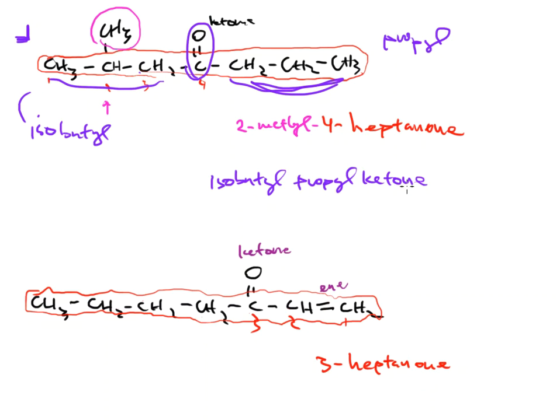What I have is an "-ene" ending that I need to convey to you in the name, and that "-ene" is actually going to happen at the very first carbon. So I need a 1-ene conveyed in the IUPAC name. That way you know that at the first carbon of this structure, we have a double bond in addition to the ketone group that we have at spot number 3.